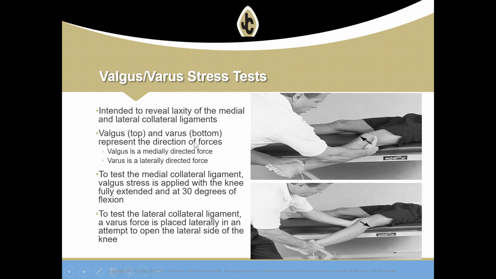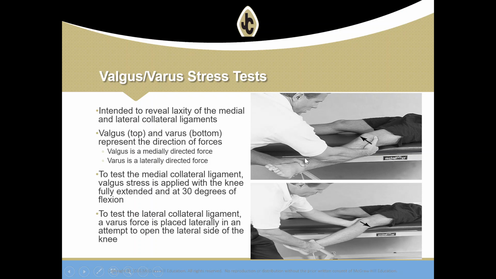All right, so our first special test is called the valgus-varus stress test. Valgus is the top picture, varus is our bottom picture. So in the valgus test, we are having the knee about 30 degrees of flexion, so it's not completely straight.